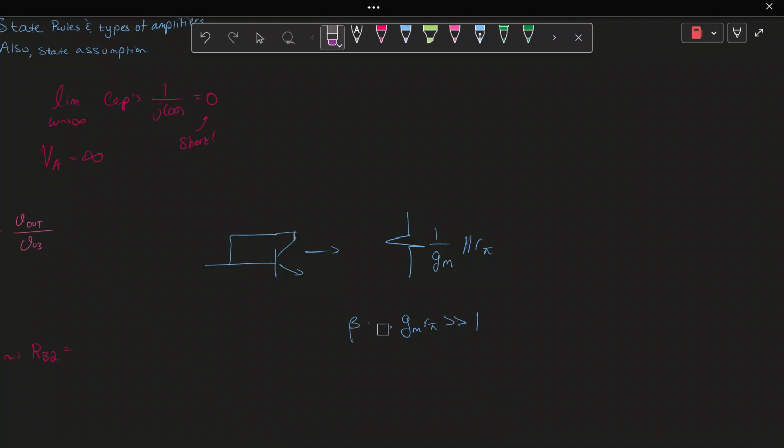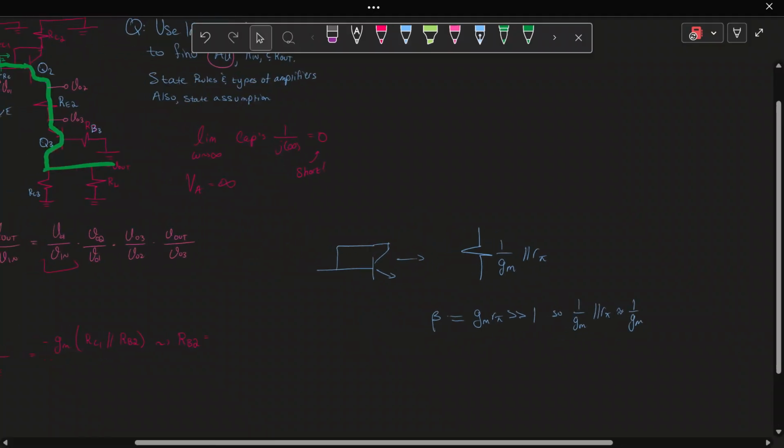Beta is equal to GM times R pi. Let me make sure this is exactly what it says. Yes, it is much greater than 1. So 1 over GM in parallel with R pi is essentially 1 over GM. So you can model a diode connected transistor as a resistance of 1 over GM.